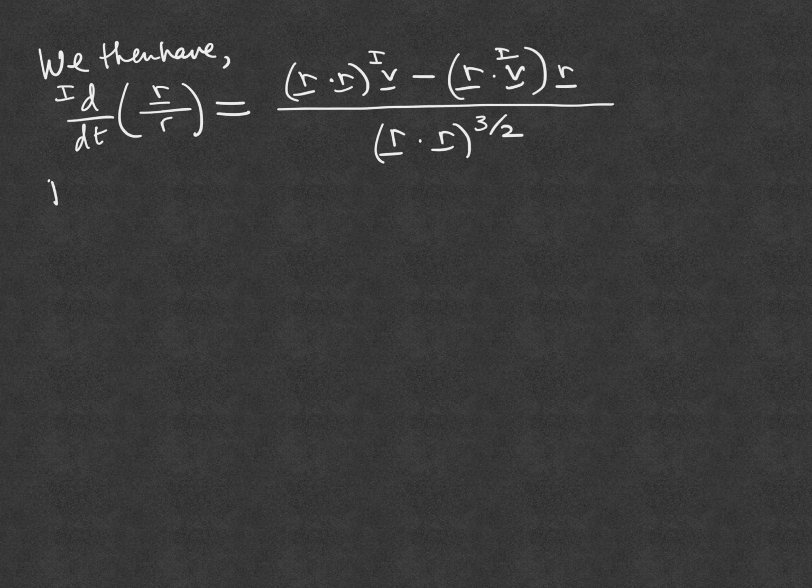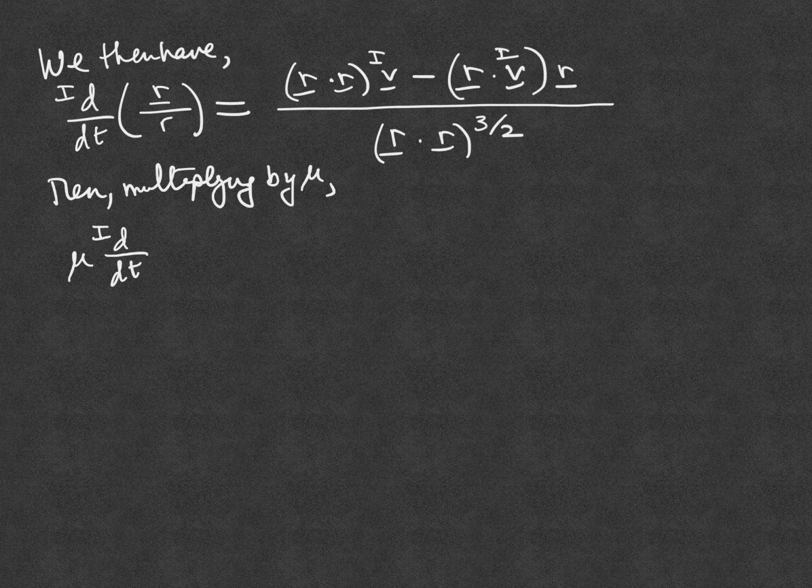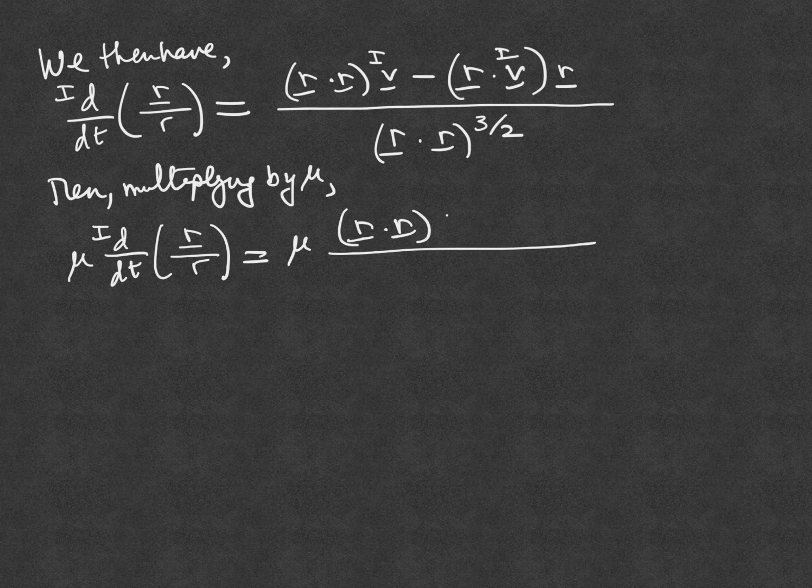So then, multiplying by mu, we have mu times d/dt in I of r divided by r is equal to mu times r dotted with r times VI minus r dotted with VI times r, all divided by r dotted with r to the 3/2.